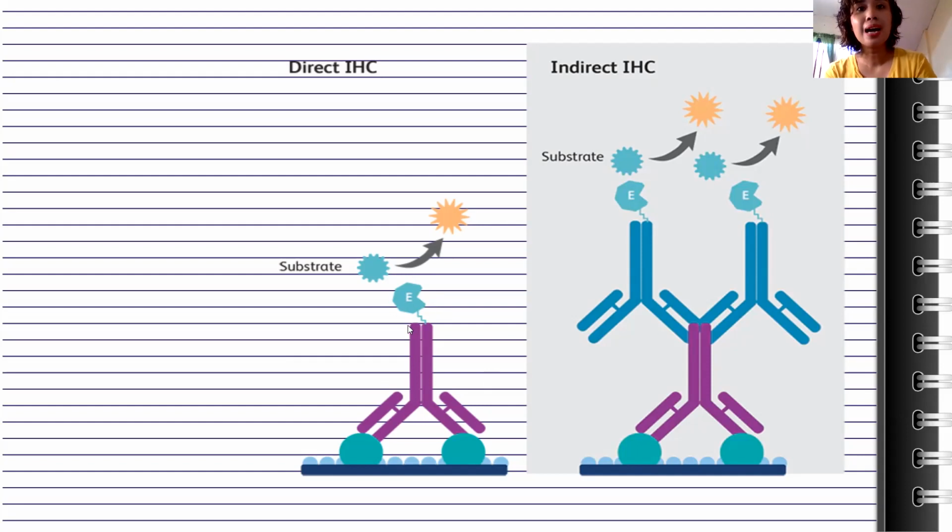For the enzyme to have a reaction, isn't it that there should be a substrate? So the medtech should add a substrate to form a colored product. This colored product, guys, is what we see in our staining. So this is direct immunohistochemistry.